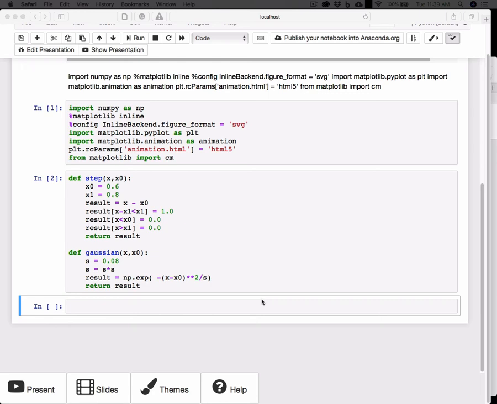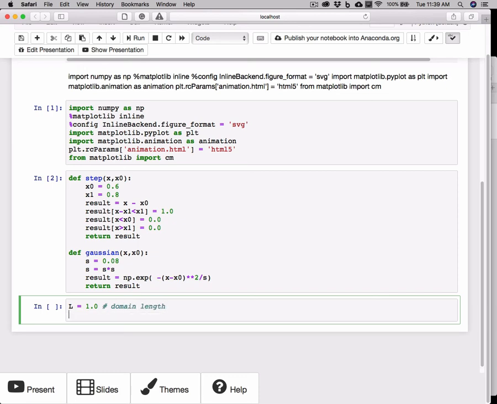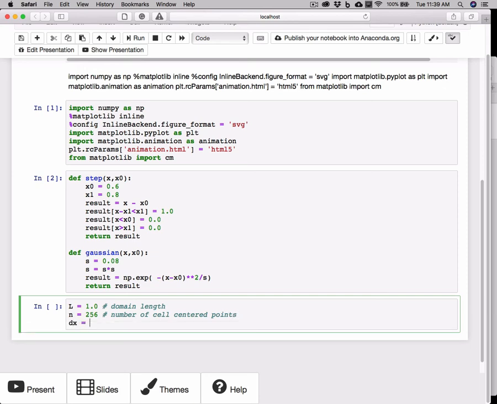Now we start putting in some boilerplate. So I'm going to define L equal 1. So that's domain length, okay? And number of points, let's say we do 256. So these are cell-centered points, okay? So then dx is really L over n, not n minus 1, right?